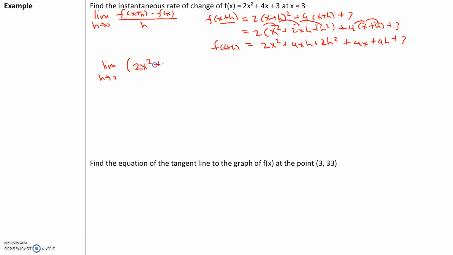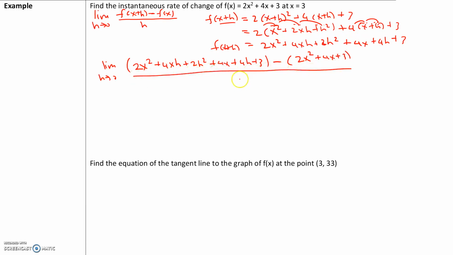We got 2x squared plus 4xh plus 2h squared plus 4x plus 4h plus 3. That's f of x plus h. Then you got minus f of x. So what's f of x? It's this thing right here, which is 2x squared plus 4x plus 3. And all of that is divided by h.